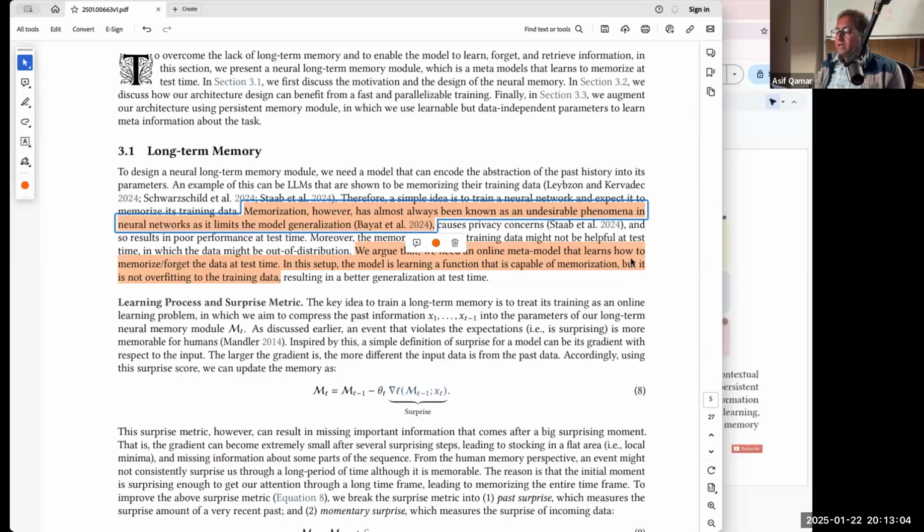The previous design of LLMs never had any memorization; though they had reasoning, they never had memorization, because memorization is always thought of as not generalizing, it will overfit. That's why they call it an undesirable phenomenon in neural networks.